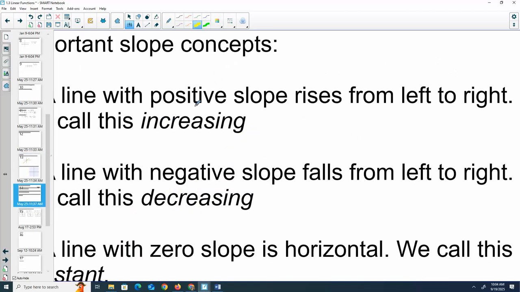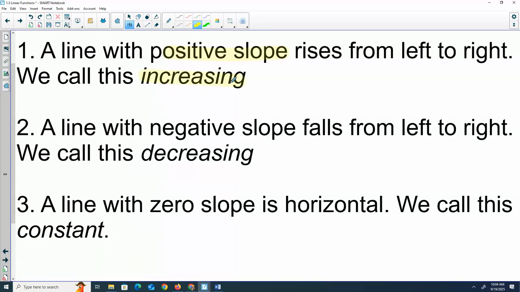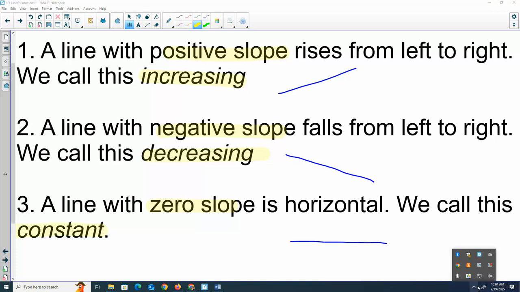So you don't have to write all of this down, but at least what I would write is: positive slope is increasing, meaning as you go from left to right, it's rising. Negative slope is also called decreasing; as you go from left to right, it's falling. If your slope is 0, that's a horizontal line, not going up or down. We call that constant. So I would just write down the highlighted stuff. Positive slope is increasing, negative slope is decreasing, 0 slope is constant.